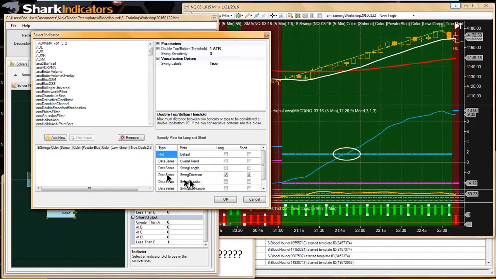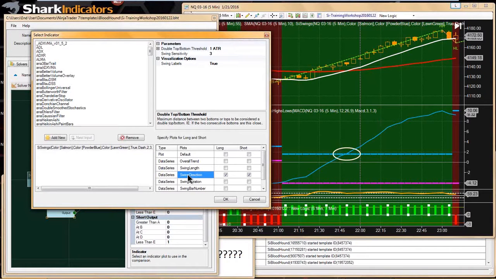So to get the swing direction, when you're working with data series, you have to know from your programmer what values are in these data series, because you can't see what's in them. This is just hidden information that gets passed from one indicator to another. You can't actually see them on the chart.